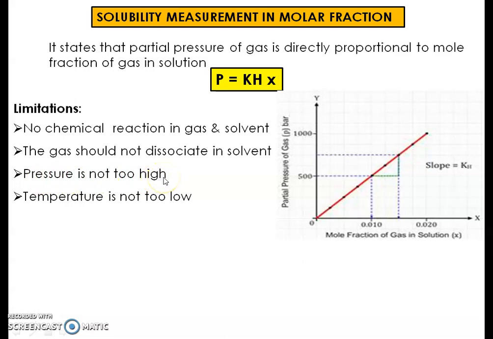This law is applicable if pressure is increased in proportion. If it is tremendously increased, this law will not be obeyed. And regarding the temperature, it is not too low, because at very low temperature also Henry's law will not be followed.